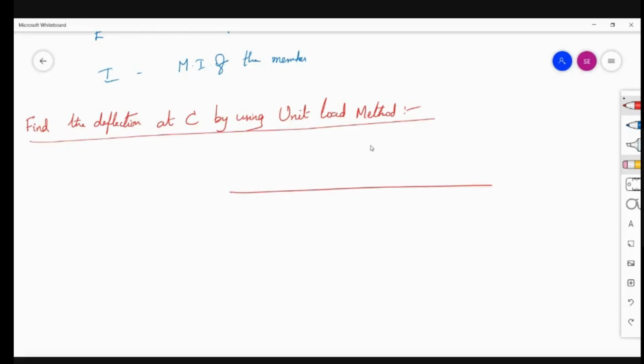Here the given beam AB has a hinge support at A and a roller support at B. A point load of 45 kilonewtons is acting 2 meters from the left end and 4 meters from the right end, so the total length of the beam is 6 meters.